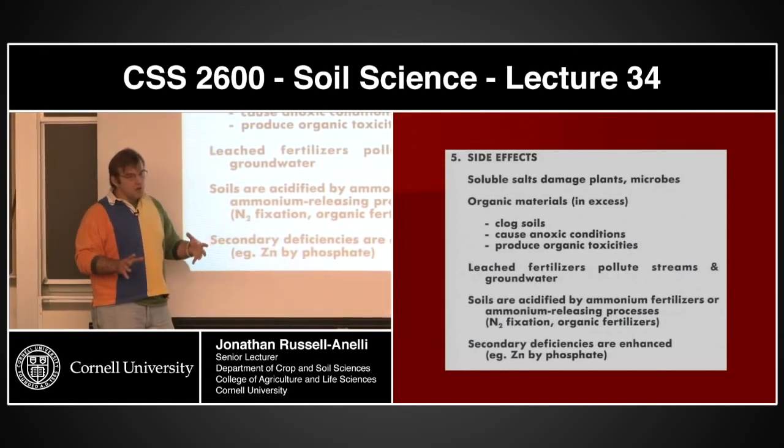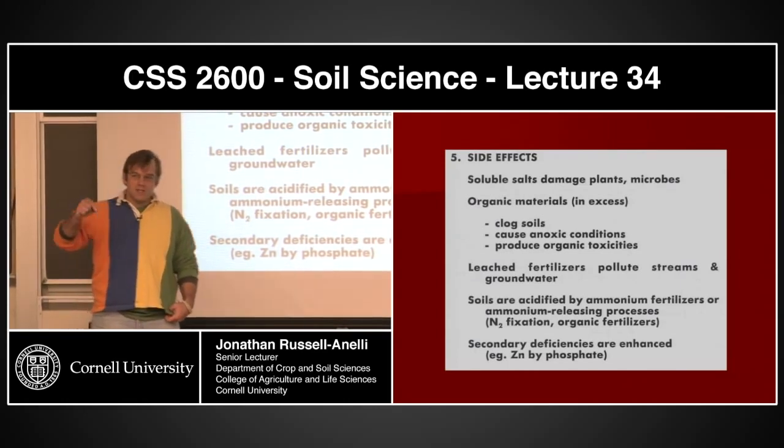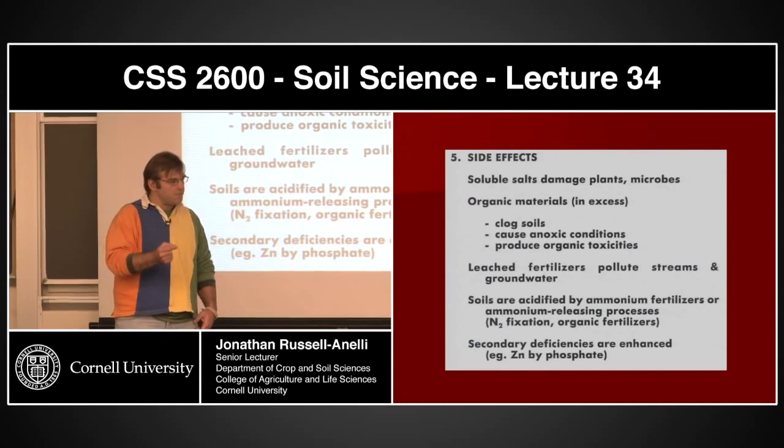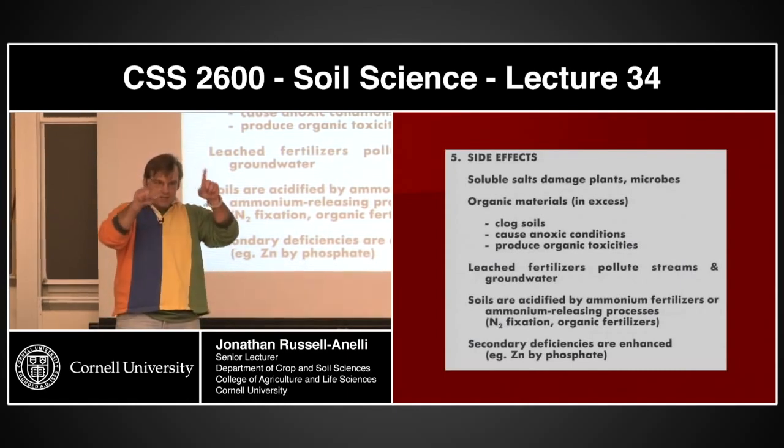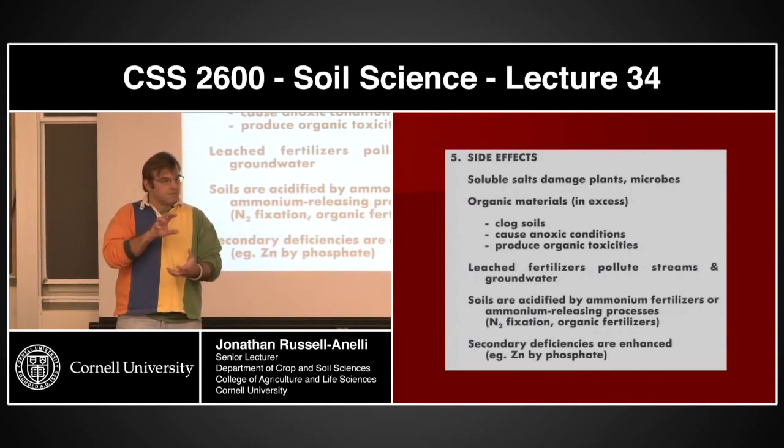Now, it may be very local and it may not be that big of a deal, but if your fertilizer source is ammonia, the ammonia needs to get into the plant via proton pump, okay? Which means the ammonia is coming in, but protons are going out. And if the protons are going out, they're basically going to be acidifying the rhizosphere, right?